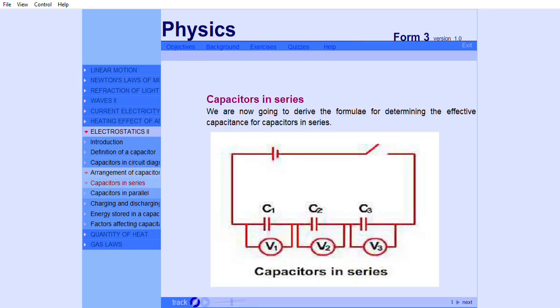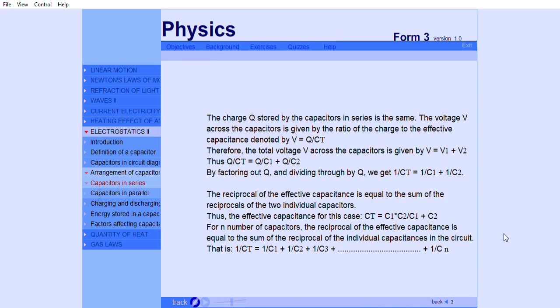Capacitors in series. We are now going to derive the formula for determining the effective capacitance for capacitors in series. The charge Q stored by the capacitors in series is the same. The voltage V across the capacitor is given by the ratio of the charge to the effective capacitance, denoted by CT: V is equal to Q divided by CT.